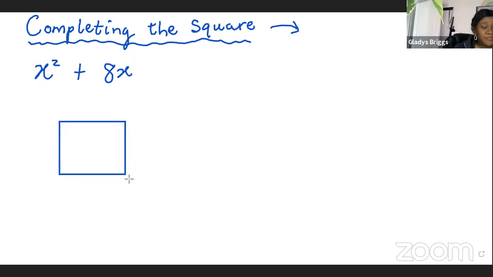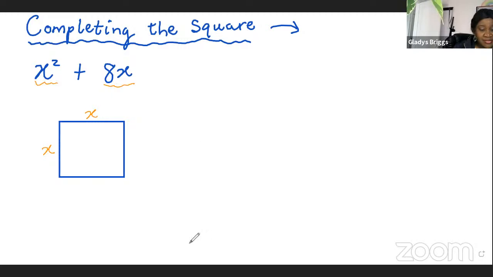This is my square. I'm going to put x there and another x here to make x squared. Now I want to make 8x. I've made my x squared. I want to make 8x.